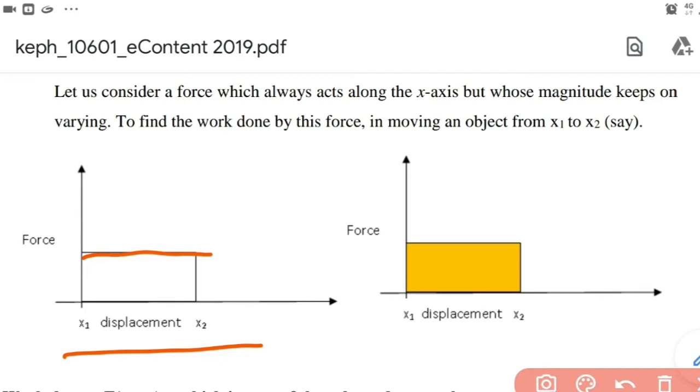So that is a general fact: area under the force displacement graph gives work done. To find work done, if you know the graph, it's enough to find the area under the force displacement graph. This yellow shaded region in the diagram shows the work done by a constant force.